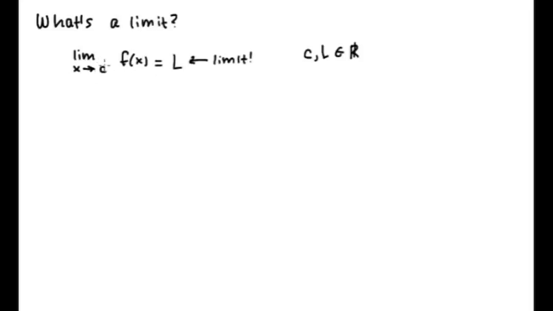So what does this mean? It means that if we have a graph, say, I'm going to make a generic graph here. I'm going to make it curvy. It has a cusp here, but whatever. Functions can have sharp points. So if I have this point c here on the x-axis, at each point x, the height of this function is f of x.